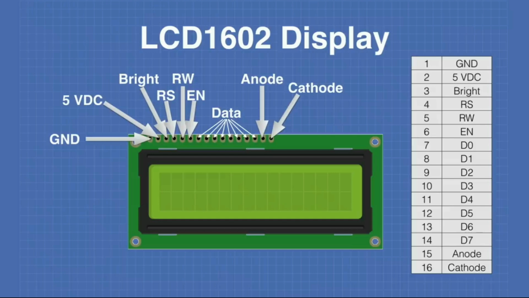Pin number 1 is the ground, pin number 2 is the VCC power supply, which is 5 volts, 3 is for brightness, this is where you control your brightness, 4 is for reset, 5 for RW, 6 for enable, then 7 up to 14 are for data, 15 is the anode of the backlight, and 16 is the cathode of the backlight.